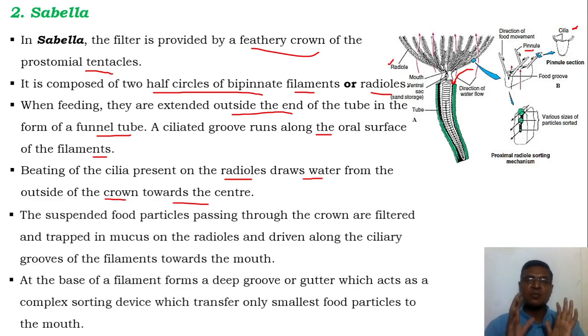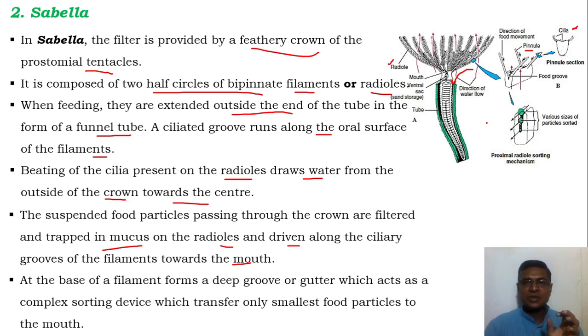The suspended food particles passing through the crown are filtered and trapped in the mucus on the radiole and driven along the ciliary grooves of the filaments toward the mouth. Here, one thing is that in the water current, the numerous food particles present are totally different as per shape and size also.